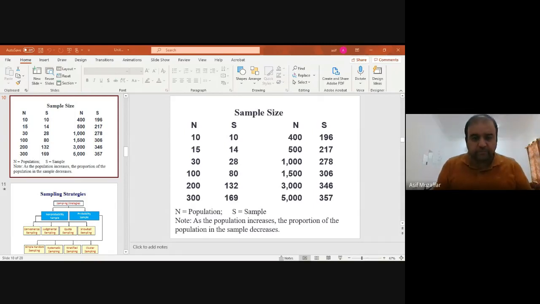According to the rule of 30, when you are collecting information from the sample, you must collect information from at least 30 points. What does it mean?